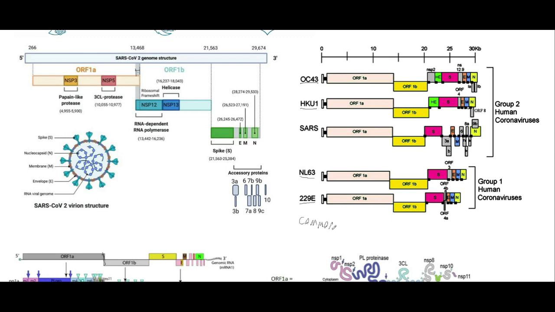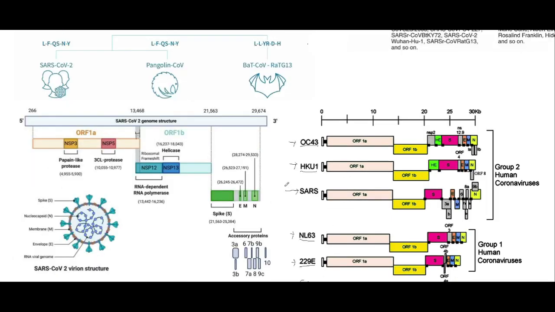The common cold can be several different types of viruses, with coronaviruses being one particular type, and these four are coronaviruses that can cause the common cold. We can see that they have a very similar genomic pattern to the SARS coronavirus, and that's how you identify genomically that something is a coronavirus.